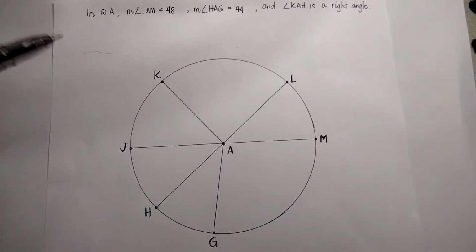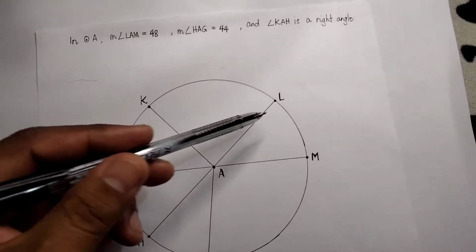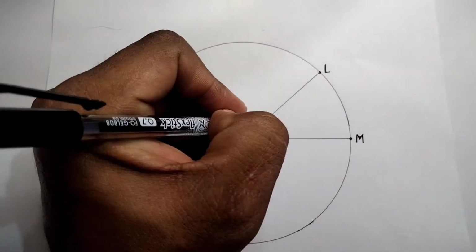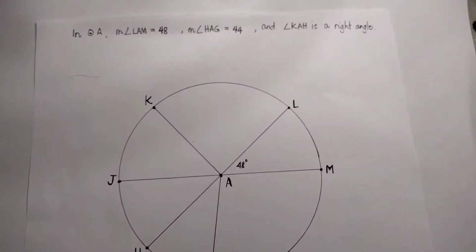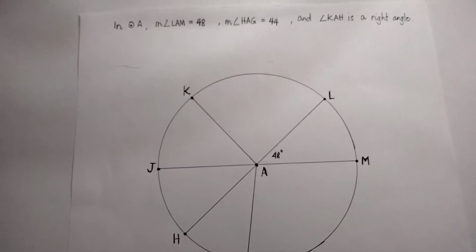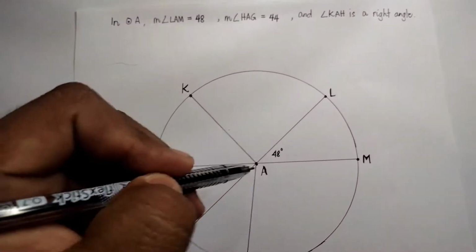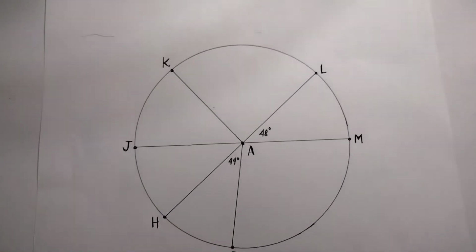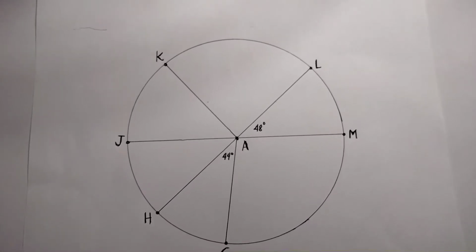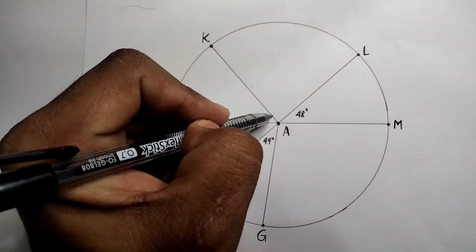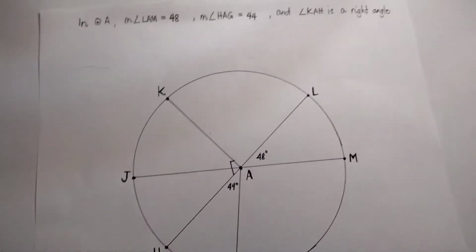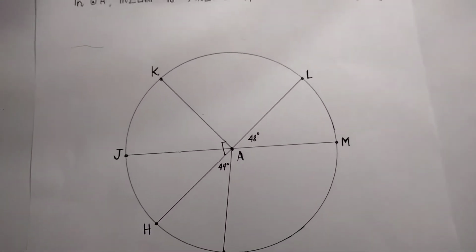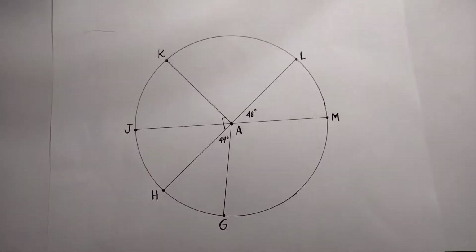The measure of angle HAG is 44. And angle KAH is a right angle. When we say right angle, the measure is 90.